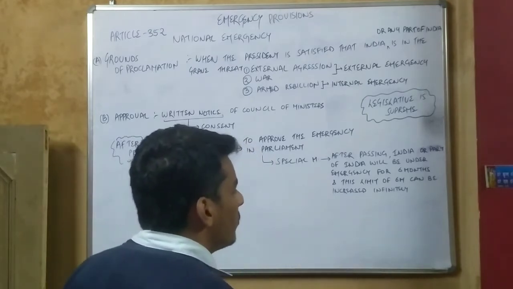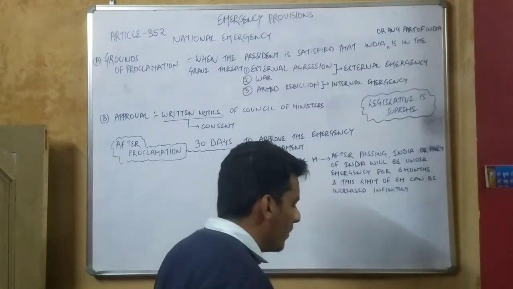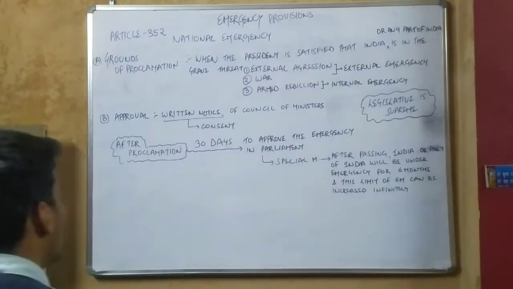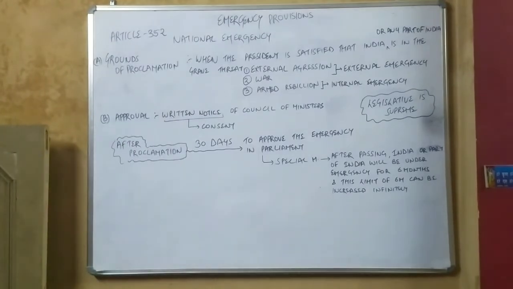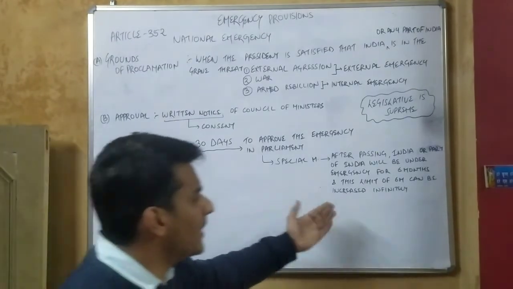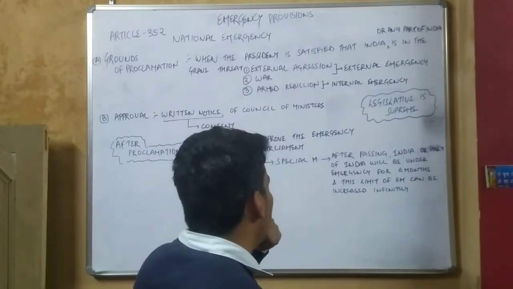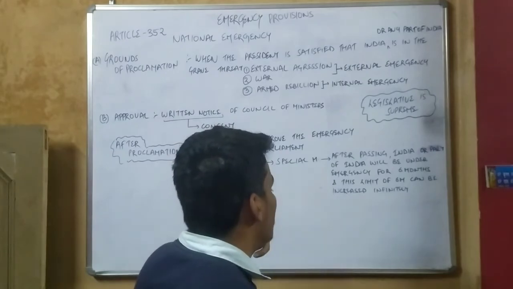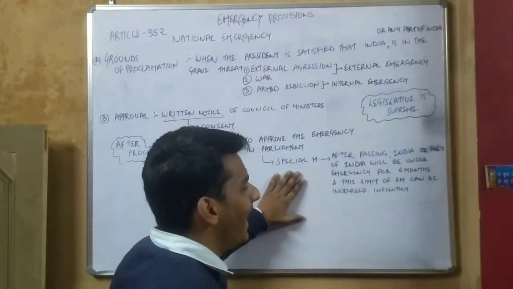There will be no power to states. Every power of the state government will be vested in the central government. The central government is liable to make laws for them. That is why you require a special majority, because it is affecting the true essence of the federation. But it is like a dead letter.